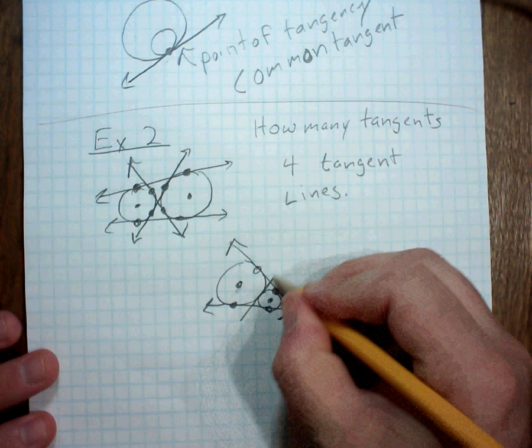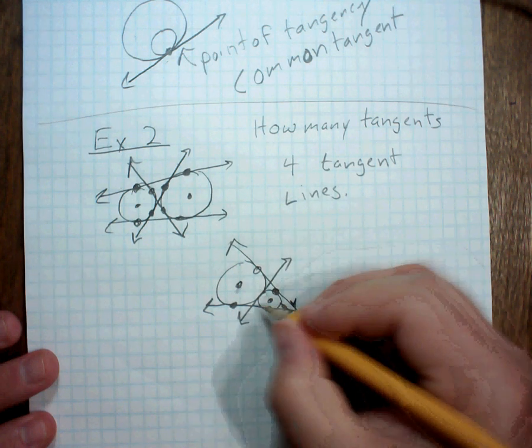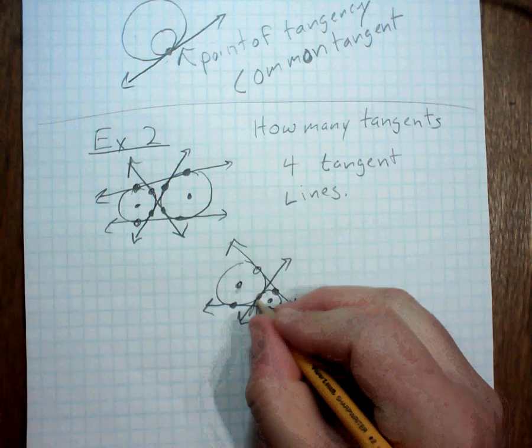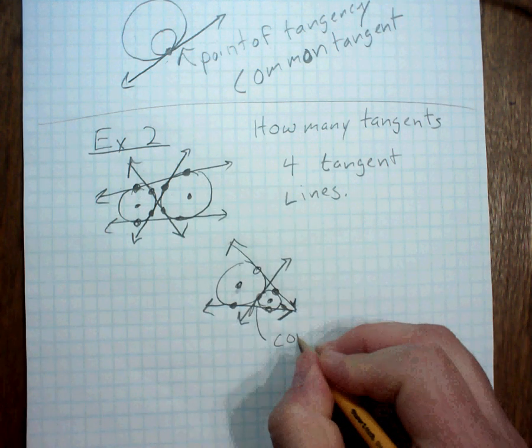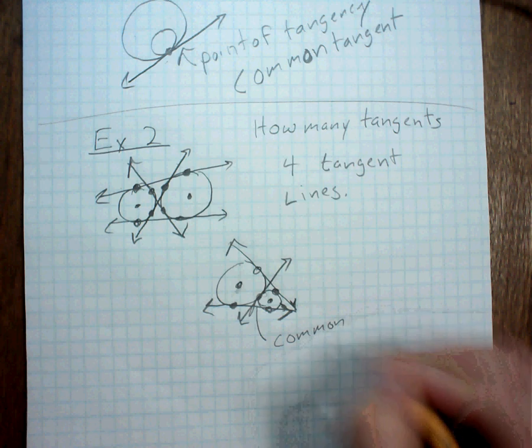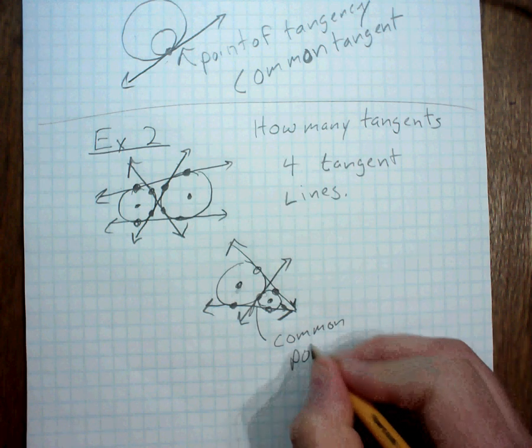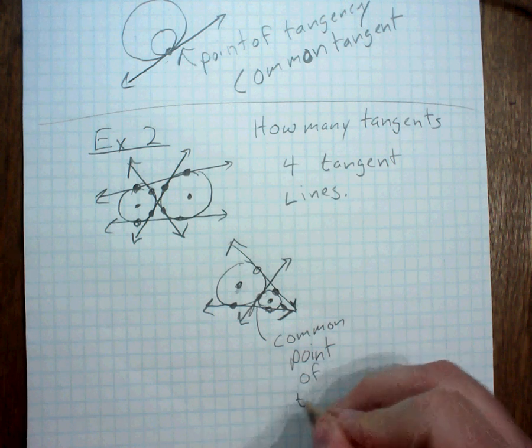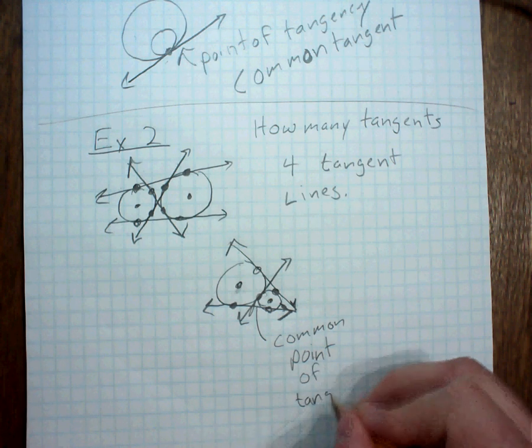And then you'd have one tangent right here. So because this has a common point, we have one less line. In other words, they have one point, or a point of tangency, so I'd have one less tangent line.